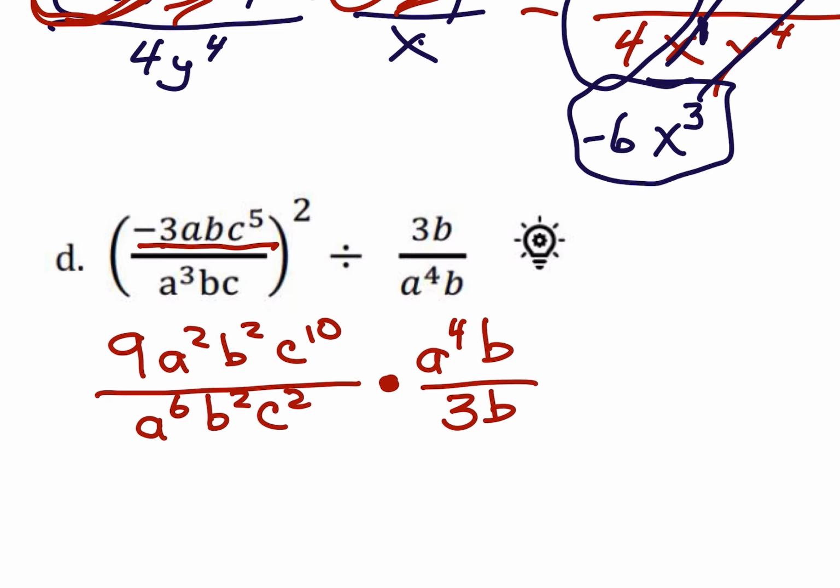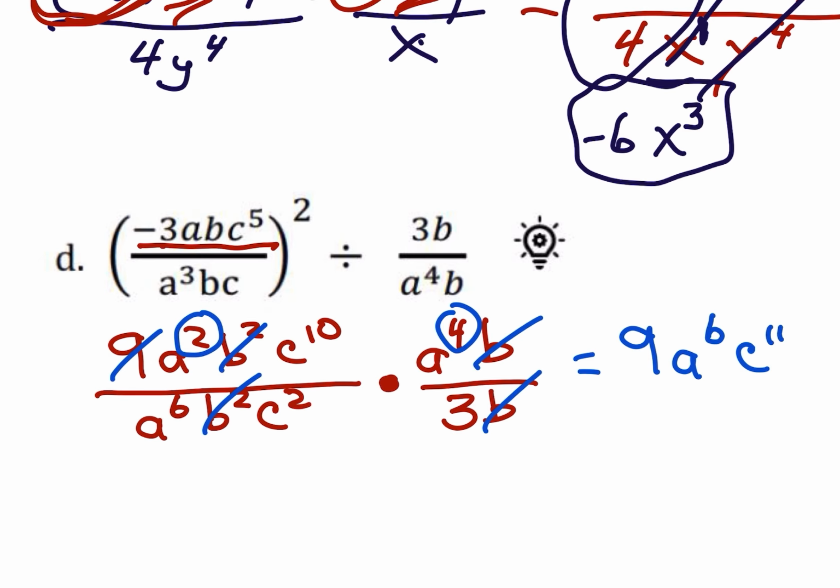Now let's combine some of our factors together and see what we can do. There's lots of ways, by the way, that you can approach this, but what I'm going to do is just say, let's cancel the b over the b. That's just 1. B squared over b squared, that's just 1. So now what we have in our numerator is simply 9, a to the second times a to the fourth is a to the sixth because we add those exponents, c to the 10th.